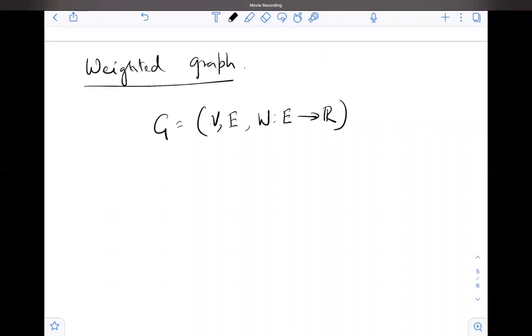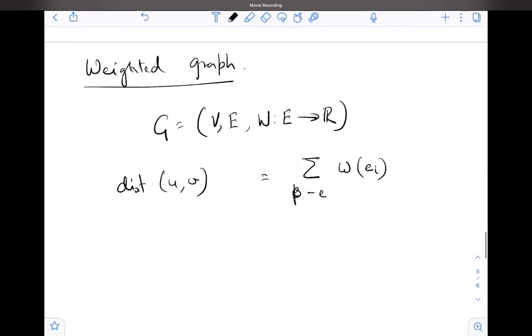And we are interested in the distance from U to V, which is the sum of the weights of edges e_i such that the path, no, sorry, such that, let me see. So what is the minimum distance?